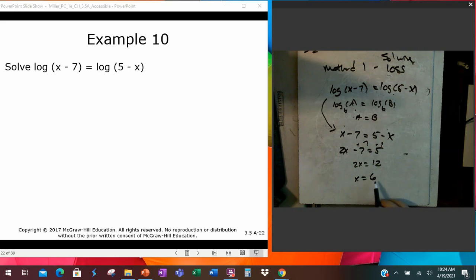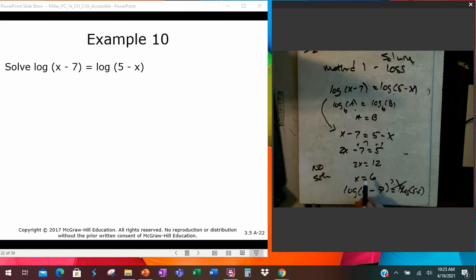Okay, so let's check it. The log of 6 minus 7, does that equal the log of 5 minus 6? Yes, but I can't do the log of negative 1. So this has no solution.